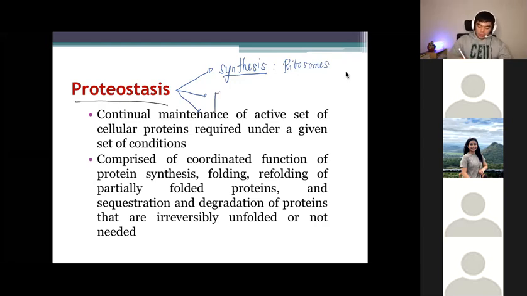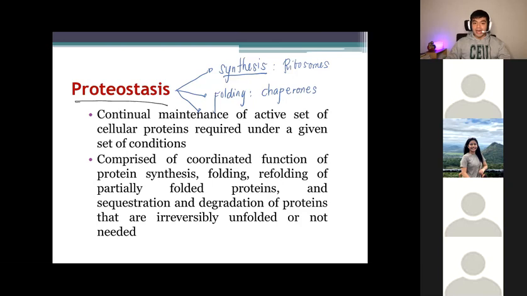Kaya papasok dito ang protein folding process to make the polypeptide produced by ribosomes functional para maging kapaki-pakinabang ang ginagawa ng ribosomes. Now, to be able to regulate well the folding process in proteins, we have specialized proteins that assist in protein folding, and these are called the chaperones. Kaya meron tayong segment ng discussion later na pag-uusapan natin ang chaperones.